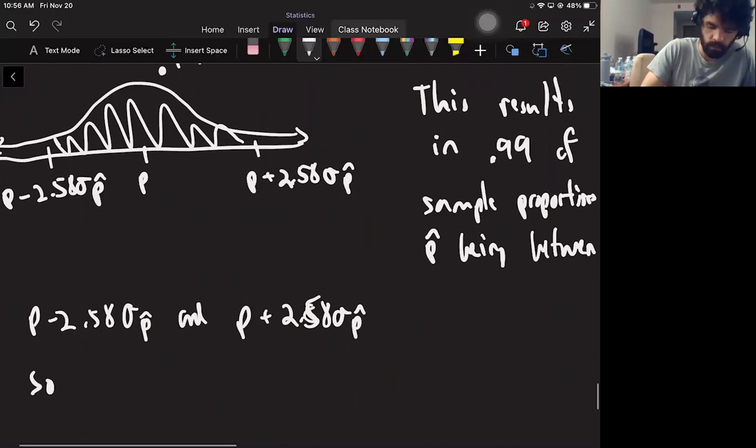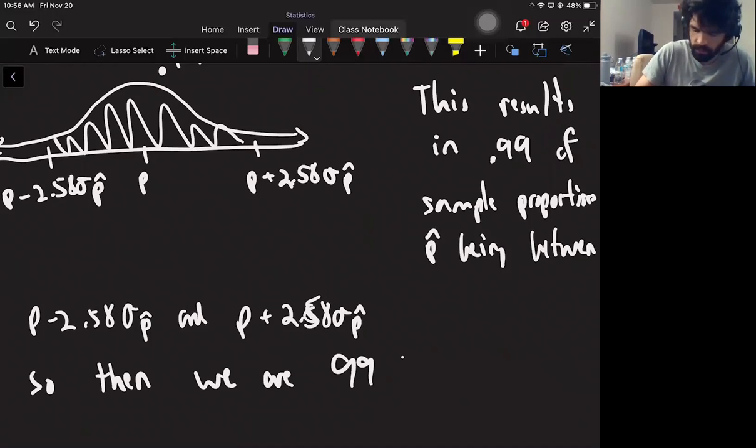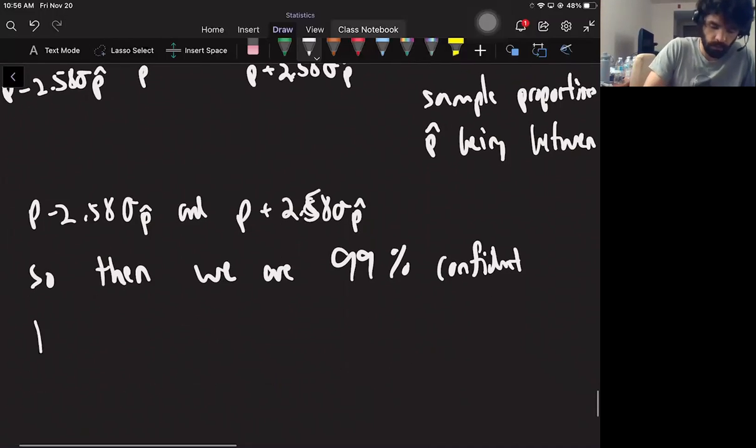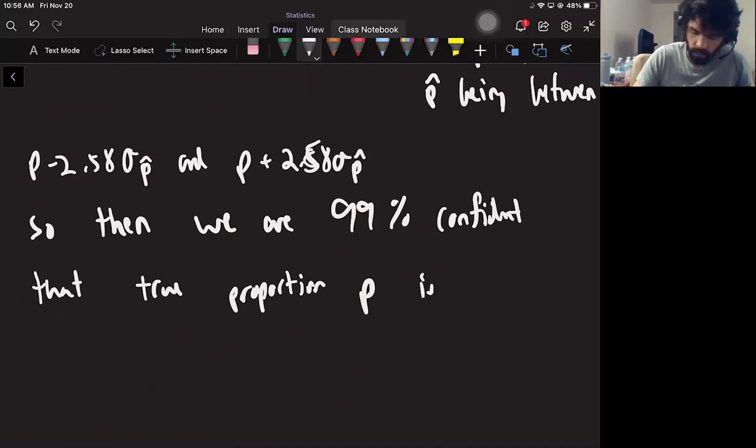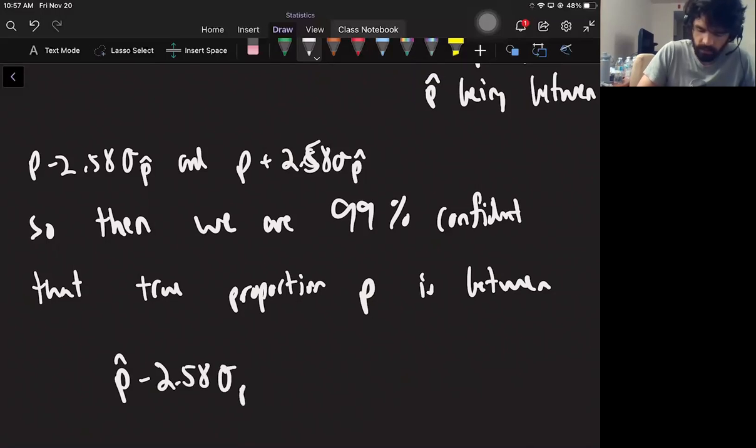So then, following the same logic as before, we are now 99% confident that the true proportion of the population that you're studying, P, is between, now we use that same algebra as before, our point estimate minus 2.58 instead of 1.96 standard deviations, and our point estimate plus that amount.